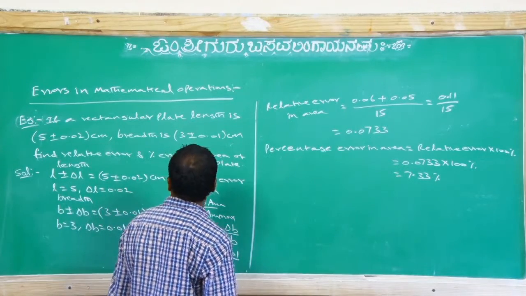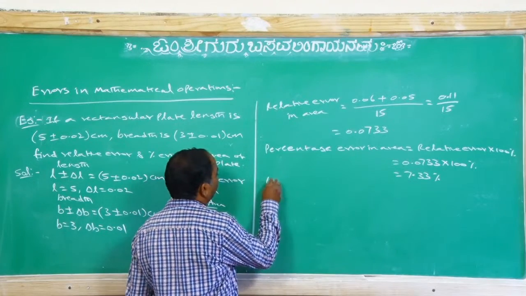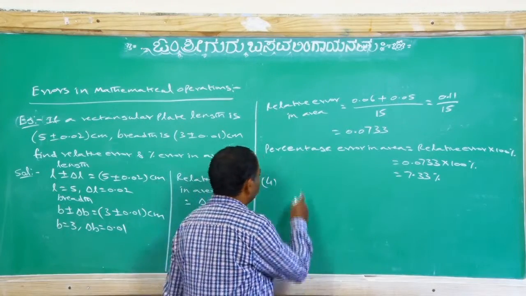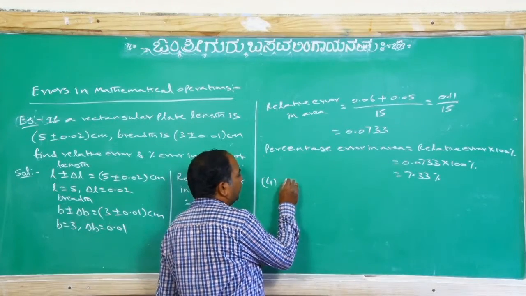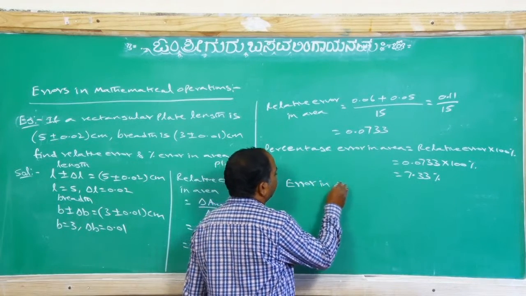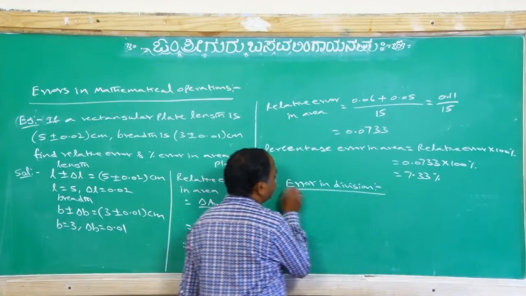Similarly, the fourth one is error in division. Division is simple.